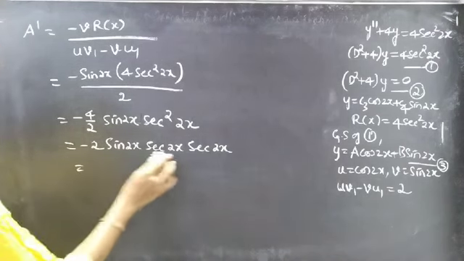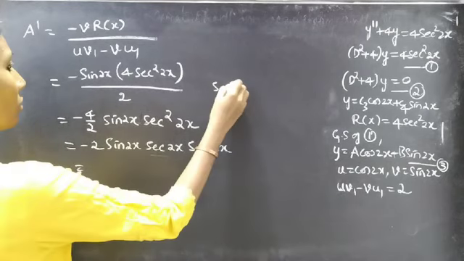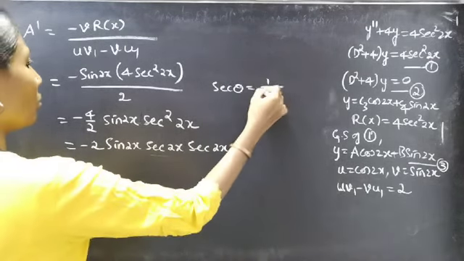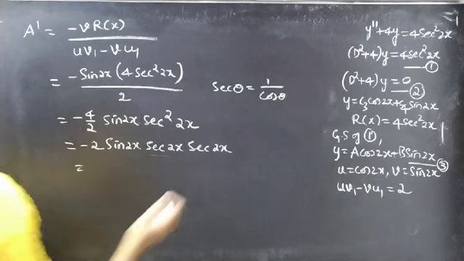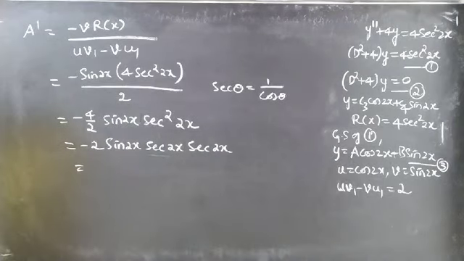Now we'll replace one secant 2x with 1 by cos 2x, because secant theta is the reciprocal of cos theta.